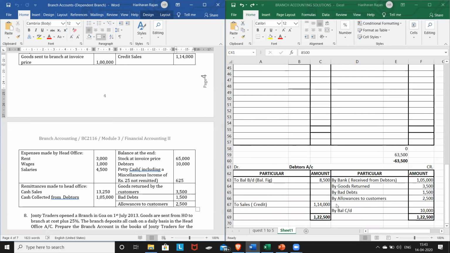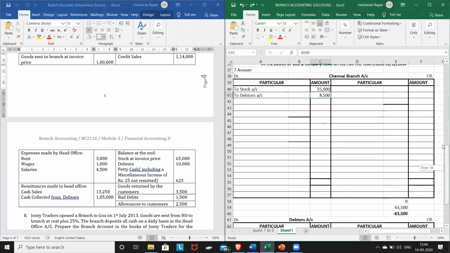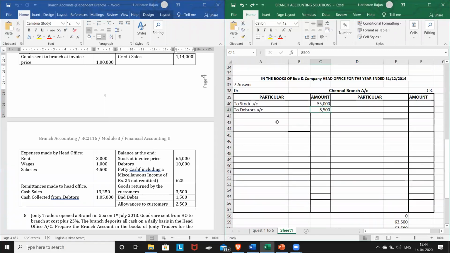Opening balance is not given. Closing balance 10,000 is given. All these: goods returned by the customer 3,500, bad debt 1,500, allowance to customer 2,500. The highest amount is written on both sides, and the balance is 8,500. So we have recorded that. Let us go for the next one.